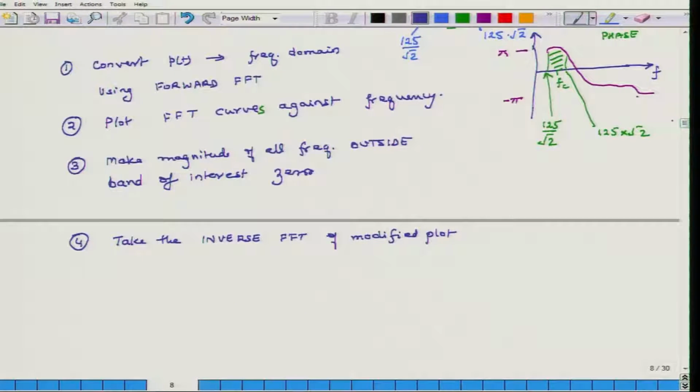So, I take the inverse FFT of the magnitude of the modified plot and the original phase plot, and what do I get out of it?